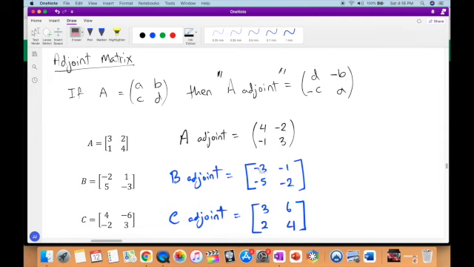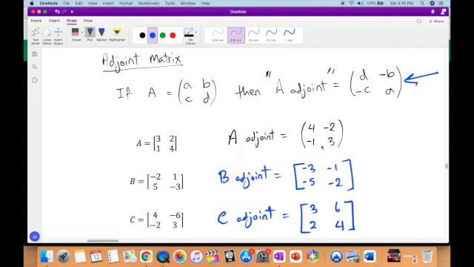No messing with signs, no adding, no subtracting, nothing. Just flip it. Right? And the other two, you don't flip them. You leave them there, but you put negatives in front of them. So this here, you flip that and you put negatives in front of that. Right? So you're okay, Shazay, right?